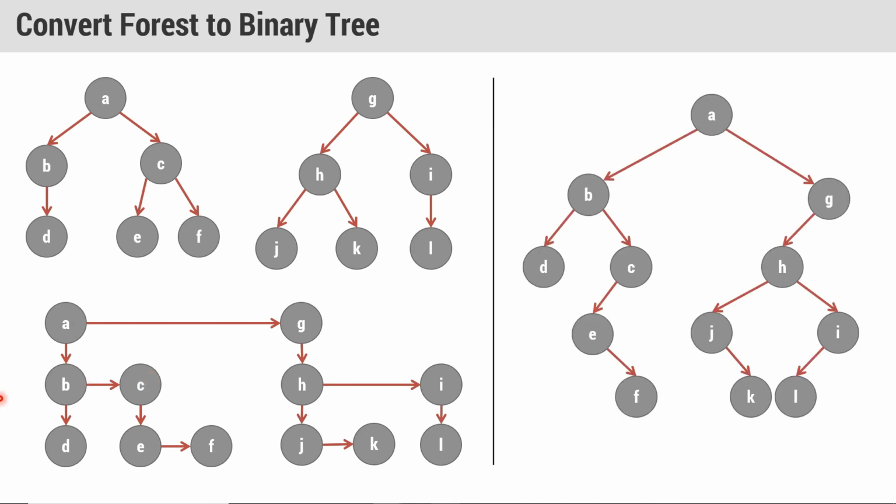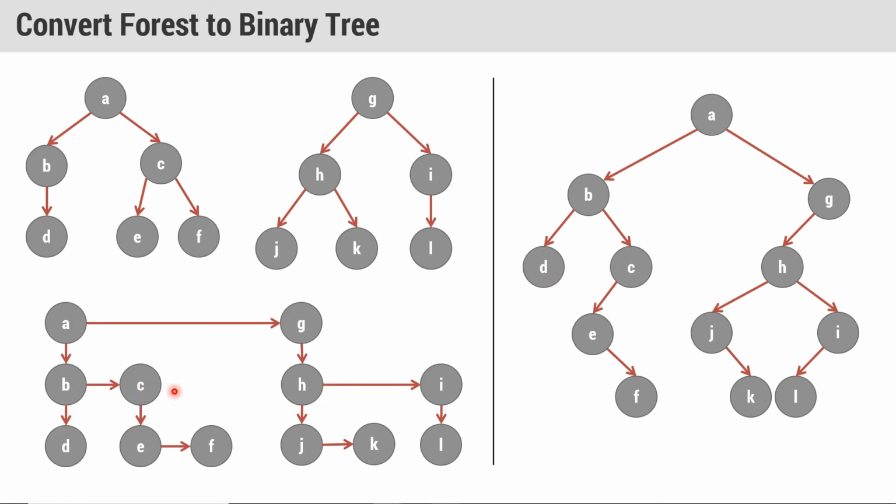So now A becomes our root node and A has two nodes, that is B and G. So one is left and one is right. So B is the left child of A and G is the right child of A. Now B again has two nodes D and C. So this is the left and this is the right child of B. So we put D and C over here as left and right nodes.